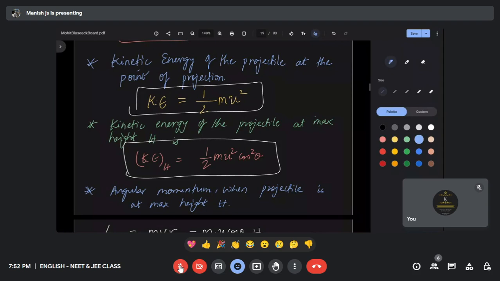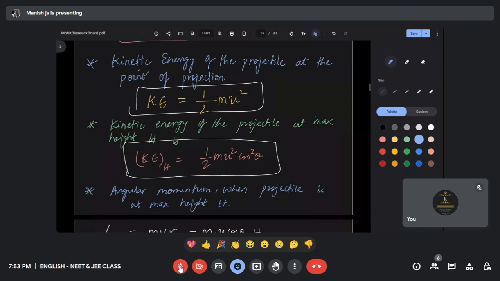Yes, sir. Okay. So here why we are taking the cos component is, see, when an object has been projected, you can see that there is variation along both x and y. But here, as it is reaching the maximum height, what is happening to the components? There are two components, no doubt.